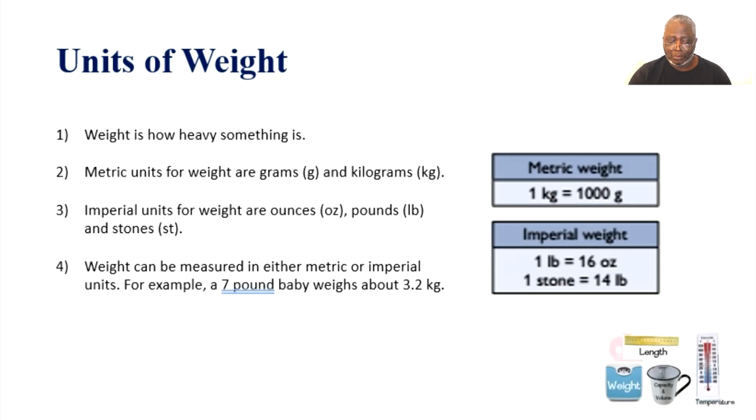So 1 pound is equal to 16 ounces and 1 stone is equal to 14 pounds. Weight can be measured in either metric or imperial units. For example, a 7-pound baby weighs about 3.2 kilograms.